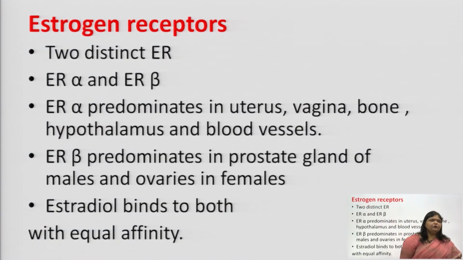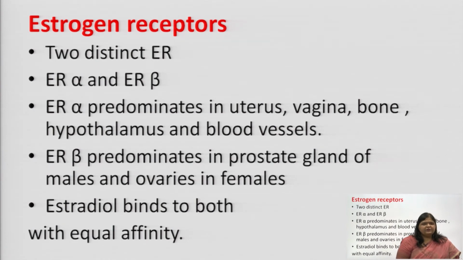Now there are two distinct types of estrogen receptors. These are estrogen receptor alpha and estrogen receptor beta. Estrogen receptor alpha predominates in the uterus, vagina, bone, hypothalamus and blood vessels, and estrogen receptor beta predominates in the prostate gland of males and in the ovaries in females.